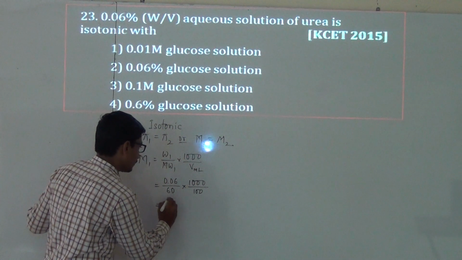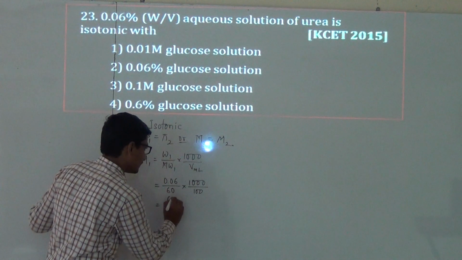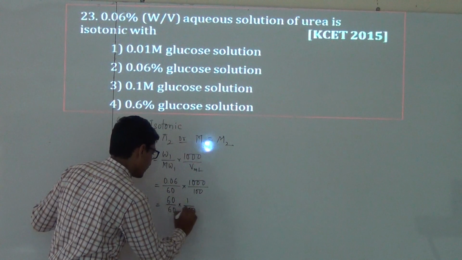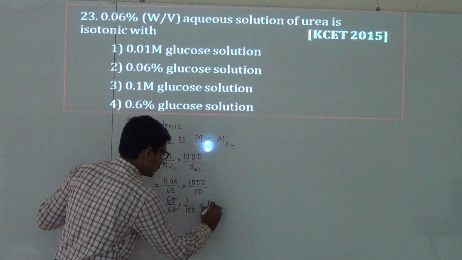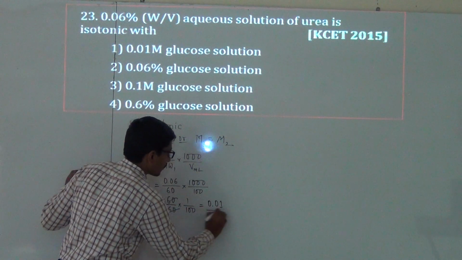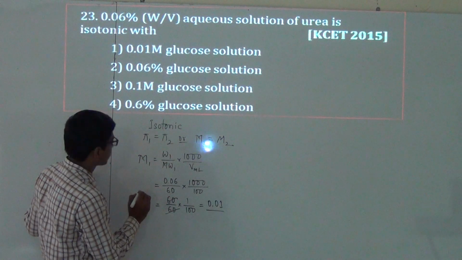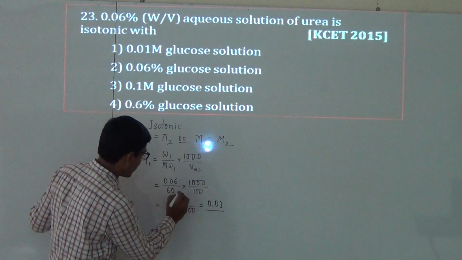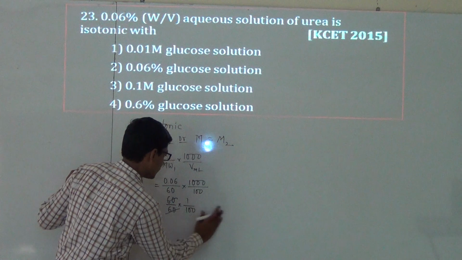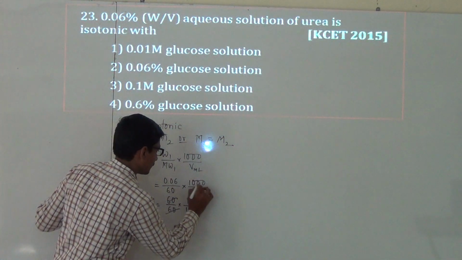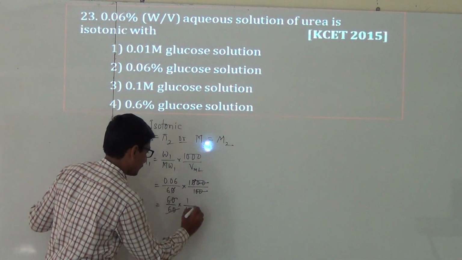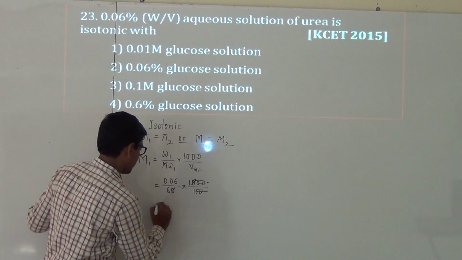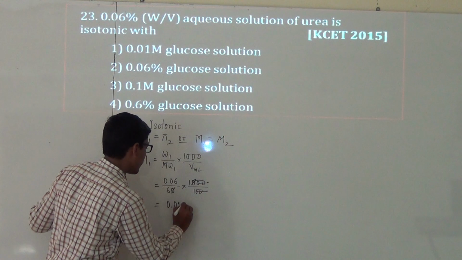This is equal to 0.06 by 60 into 1000 by 100, which is equal to 0.01 m.